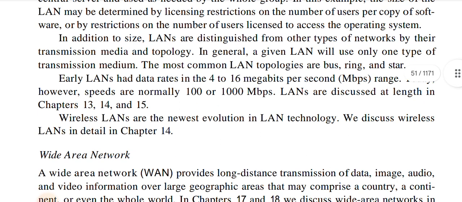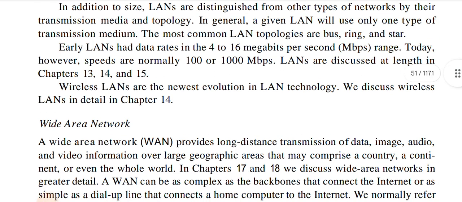Earlier LANs had data rates in the 4 to 16 megabits per second (Mbps) range. Today, however, speeds are normally 100 or 1000 Mbps. LANs are discussed at length in chapters 13, 14, and 15. Wireless LANs are the newest evolution in LAN technology. We discuss wireless LANs in detail in chapter 14.